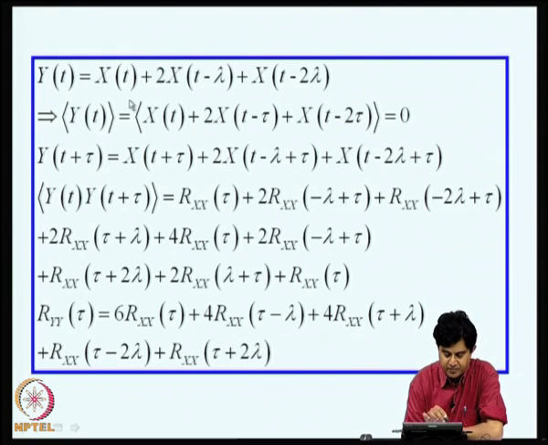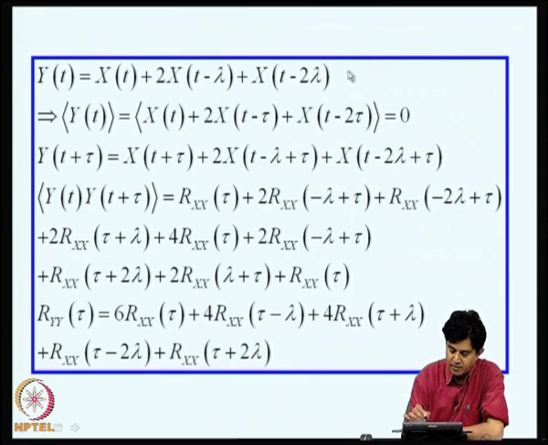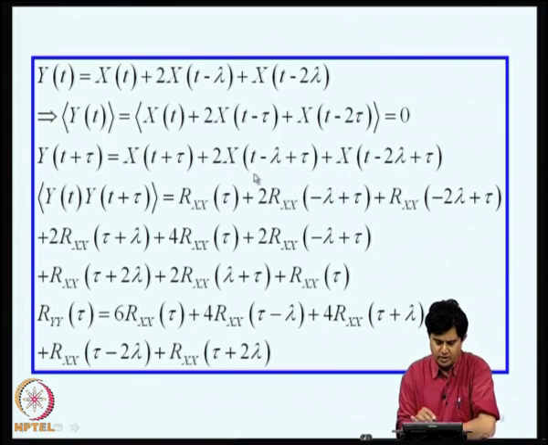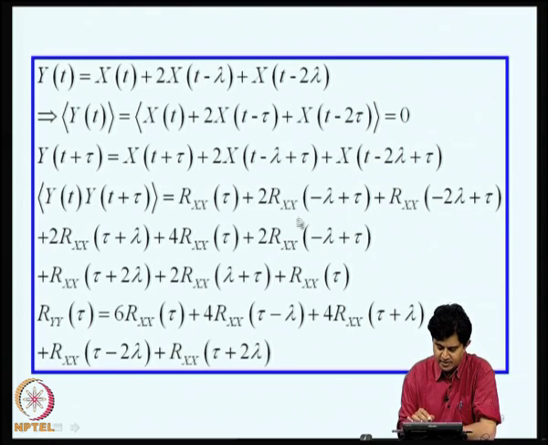So, y of t is x of t plus 2 x of t minus lambda plus x of t minus 2 lambda. The expected value of y would be 0 because x of t has 0 mean. Now, I can write an expression for y of t plus tau by replacing t by t plus tau, and I get this expression. If I multiply this with this and take expectation, we get a somewhat long looking expression which involves, for instance, x of t into x of t plus tau, which is Rxx of tau, x of t into 2x of t minus lambda plus tau is this, and so on and so forth.